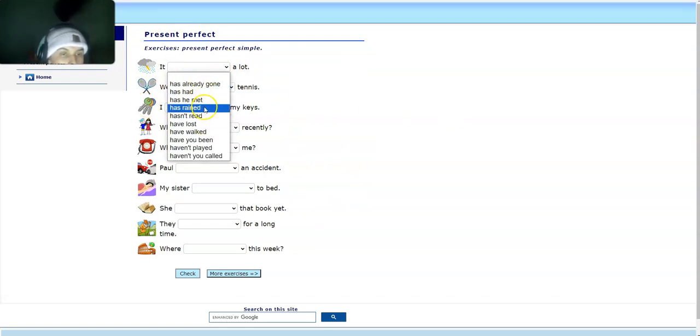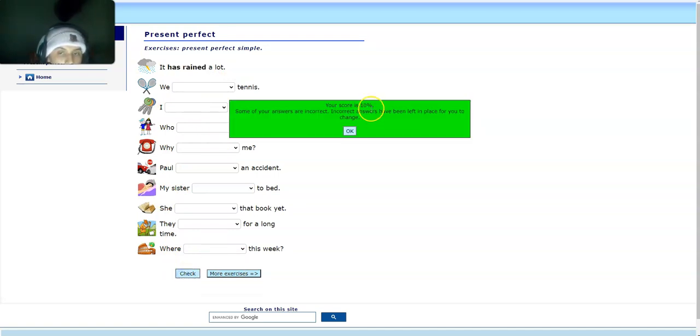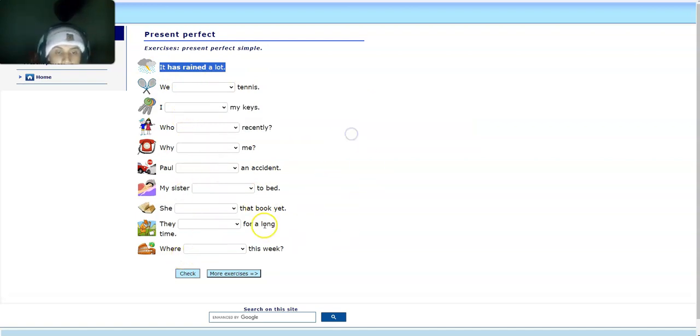For example, "it has rained a lot". You can click check, and this is the score. For the first one, you can do the other exercise and send it to me.